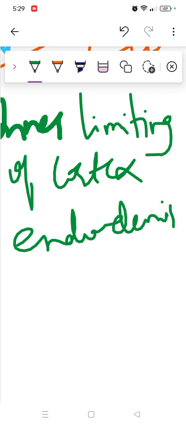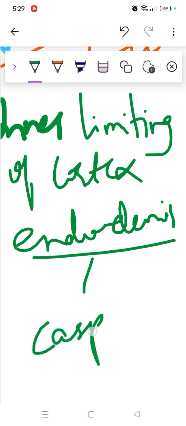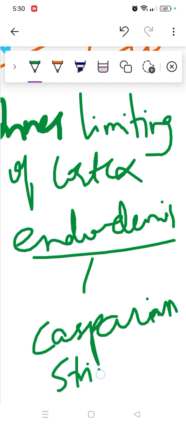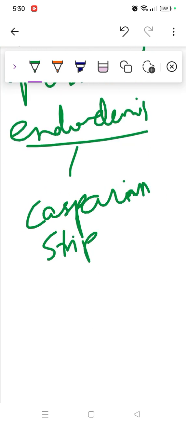Then the endodermis has a barrier, which is called the Casparian strip.